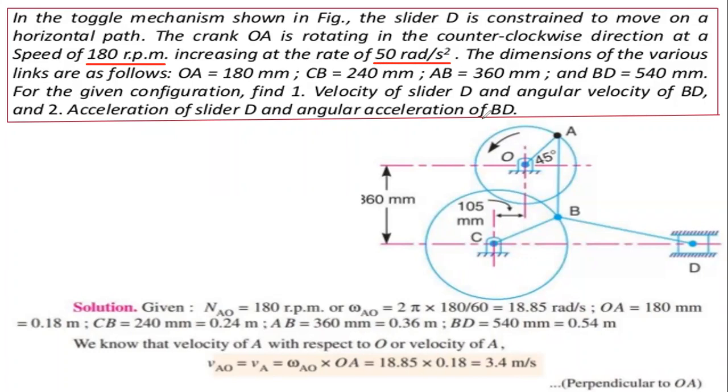And the dimensions have been given: the OA length is 180 mm, CB is 240, AB 360 mm, and BD 540 mm. So these are the four different lengths of the links.